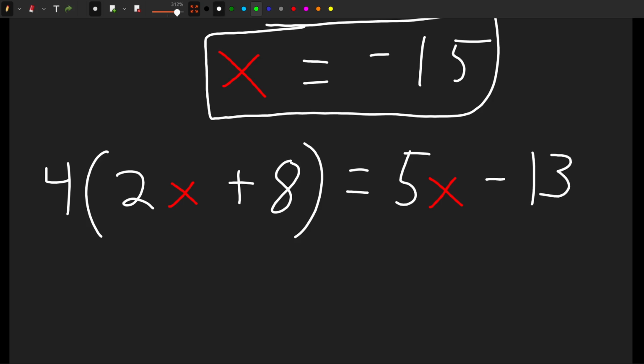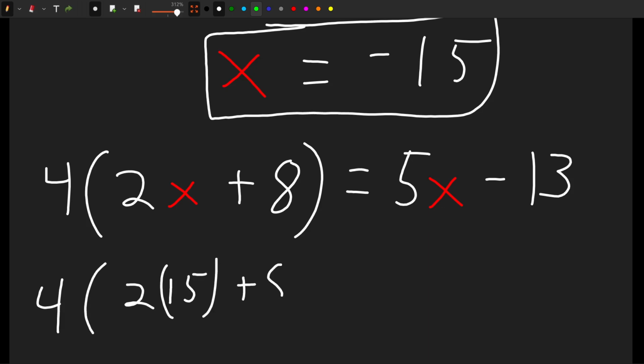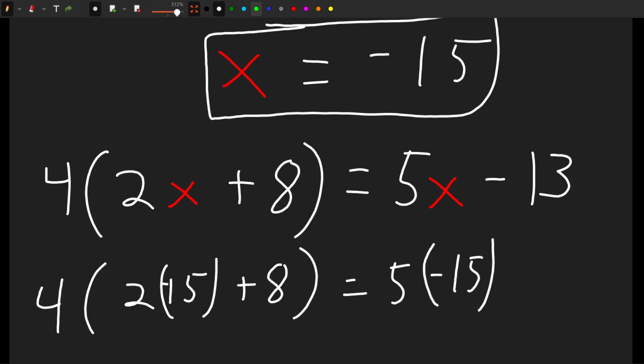And I'm just going to plug in x is equal to negative 15 directly and simplify from there. So I'm going to get 4 times (2 times 15 plus 8) is equal to 5. Oops, actually I'm plugging in negative 15, minus 13. There we go.